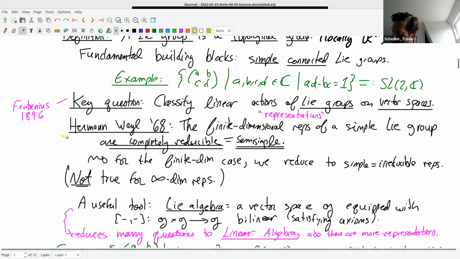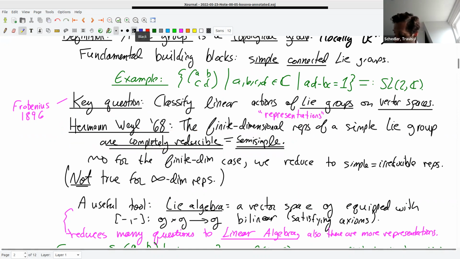In 1968, when we get to the case of the simple Lie groups, Hermann Weyl found something really amazing. He proved that the finite dimensional representations of simple Lie groups are actually completely reducible, which means that they can break up into irreducible pieces. So what does that really mean?